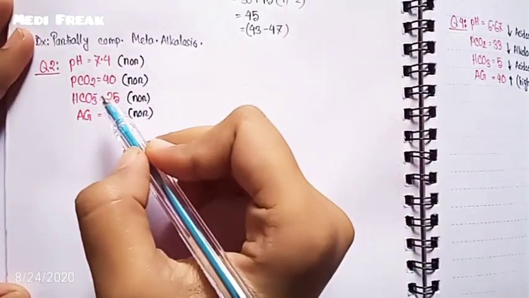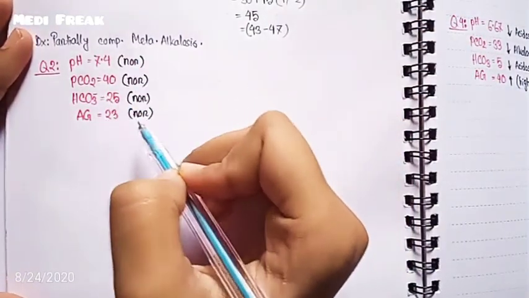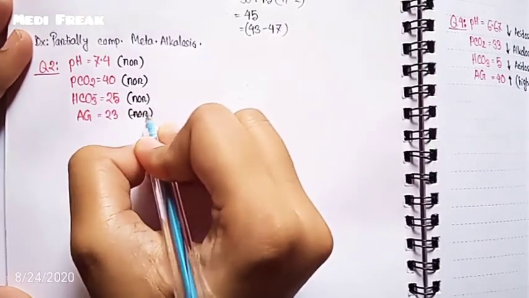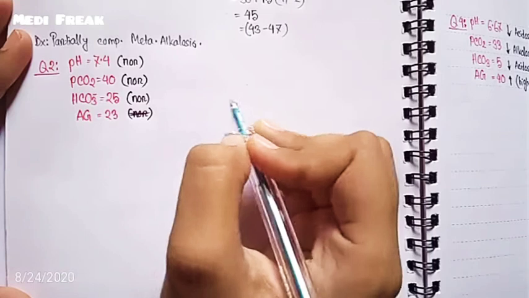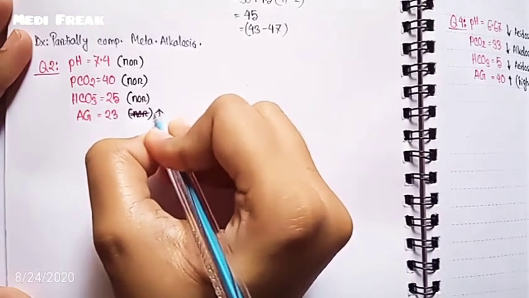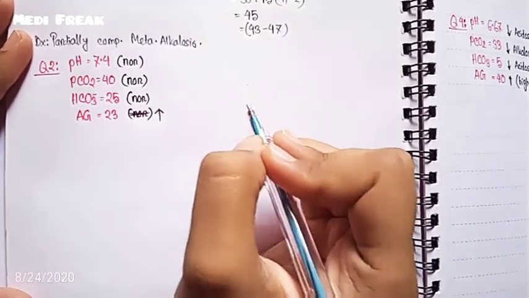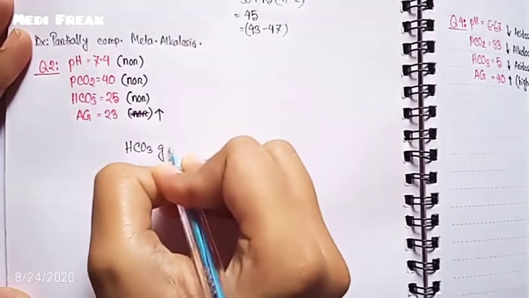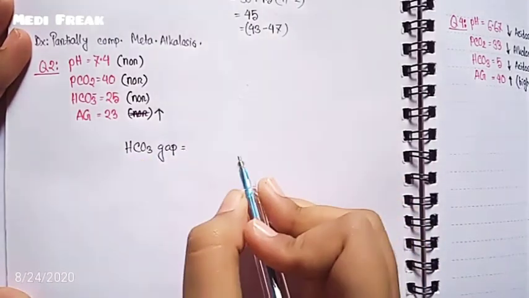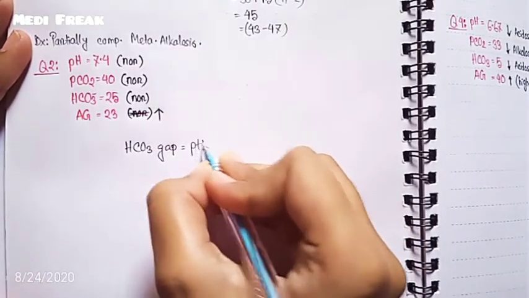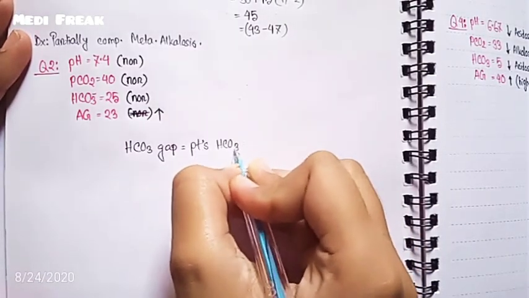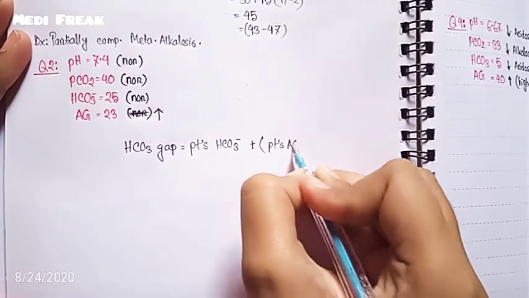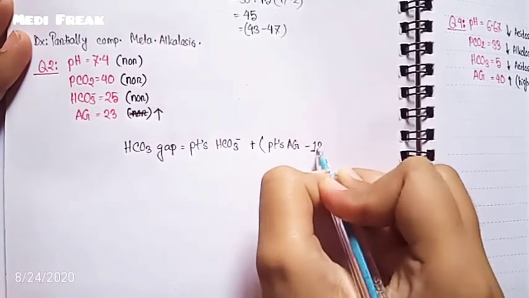Here the pH, partial carbon dioxide, and bicarbonate are all in normal range. Anion gap, it is not normal. Anion gap 20 is normal, so this is a high anion gap. Okay. So we need to calculate the bicarbonate gap. Bicarbonate gap is equal to, we know that, patient's bicarbonate plus patient's anion gap minus 12.